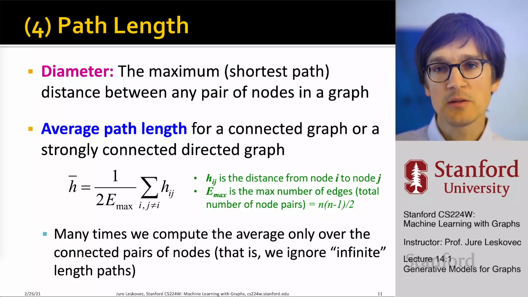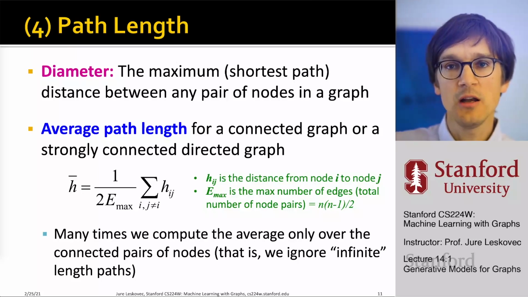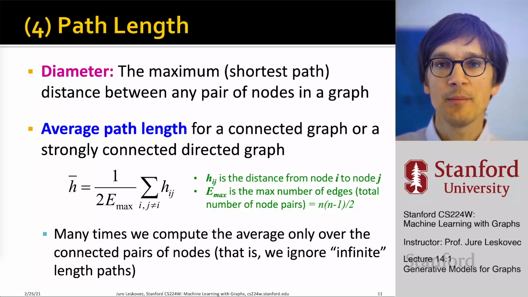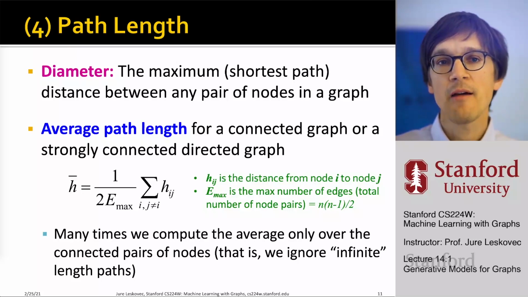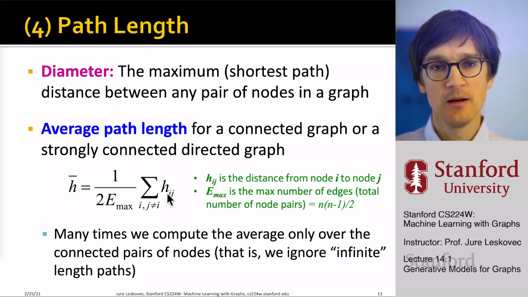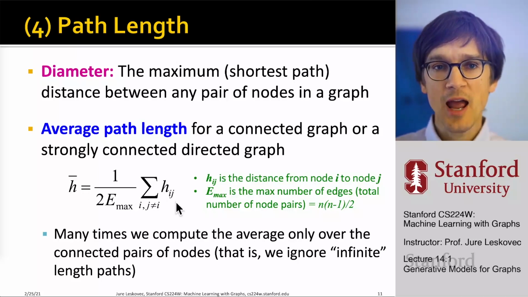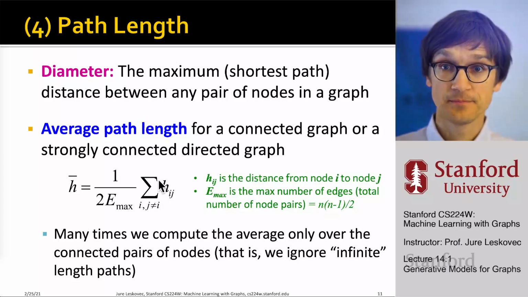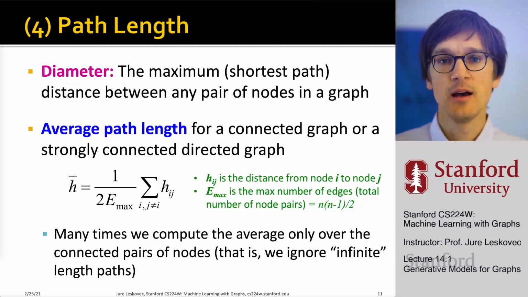Now the problem with this maximum is that you can have a long string of edges somewhere, and that will severely increase the diameter of the graph. So for real networks, you want to use a more robust measure, for example, the average shortest path length, where you go over all pairs of nodes i and j that are connected and compute the average shortest path length between them.